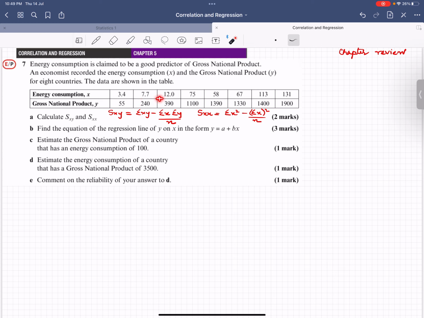And then we add to it 12 into 390, and so on and so forth till we come to 131 plus 131 multiplied by 1900. So that gives us our sigma XY. So let's start by writing the value of sigma XY, which is 666,045.